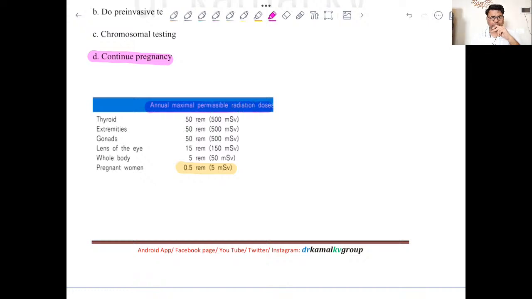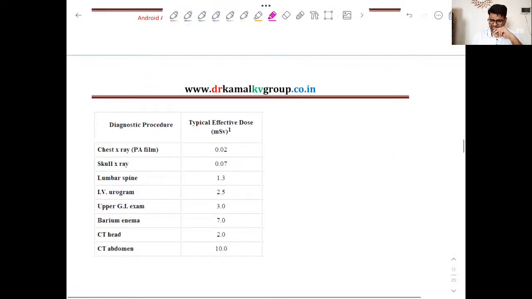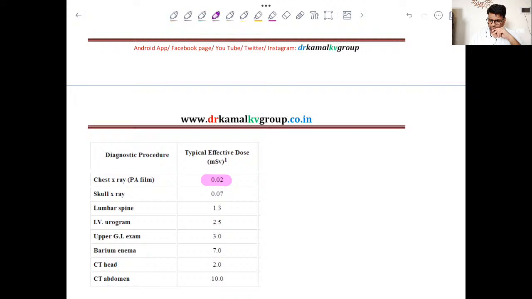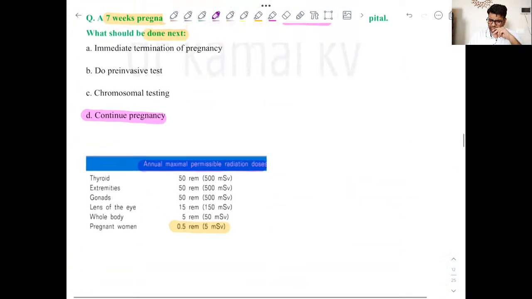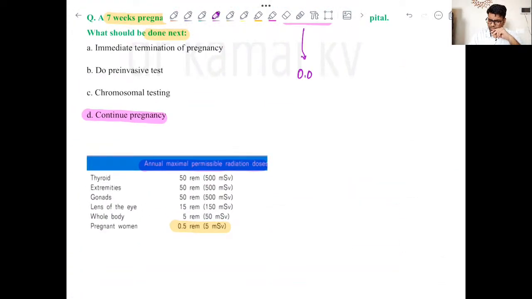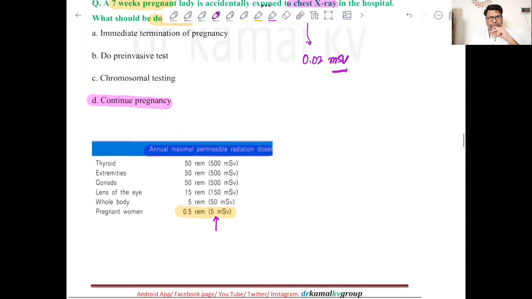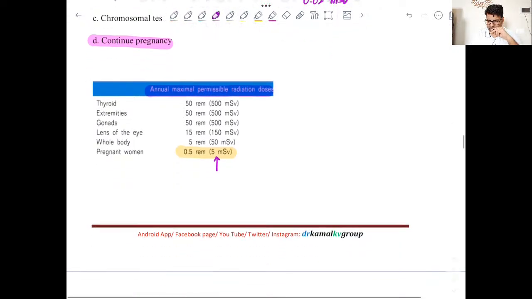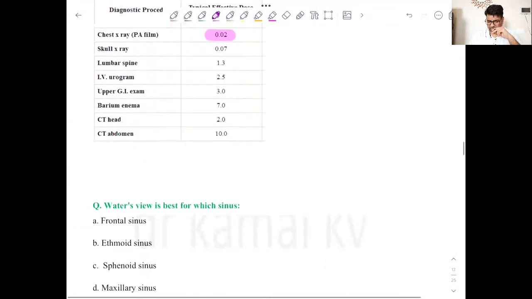A chest X-ray gives only 0.02 millisievert of radiation dose, whereas the permissible is up to 5. So it is far less than the alarming dose in pregnancy. We should not bother too much, and the pregnancy has to be continued without any intervention because it is far less than the fatal exposure.